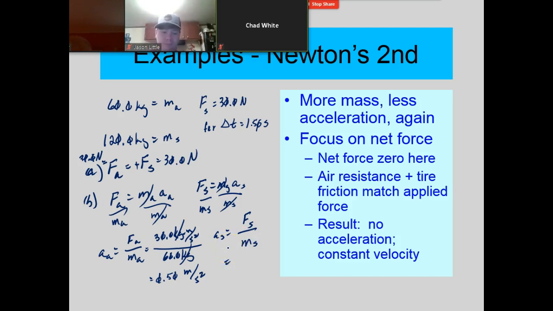Force on the spacecraft is exactly the same, 30.0 kilogram meter per second squared, divided by the mass of the spacecraft, which was 120 kilograms. So that leaves 0.75 meters per second squared.